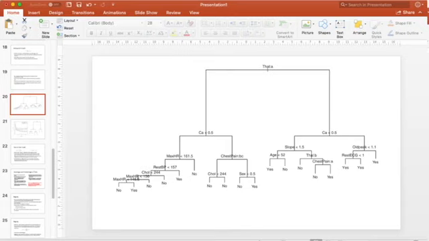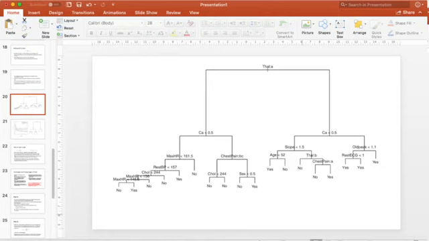Okay, so I give you another example. This is also data from the textbook, and as you can see, this is a fully grown tree. If you count here, I'm not really sure, but we have 1, 2, 3, 4, 5, 6, 7, 8, 9, 10, 11, 12, 13, 14, 15, 18. So here the size is 18.